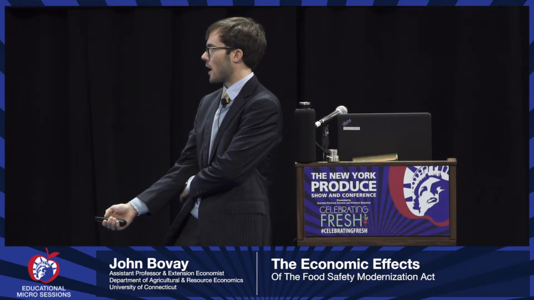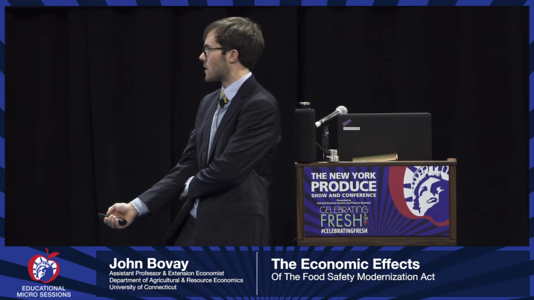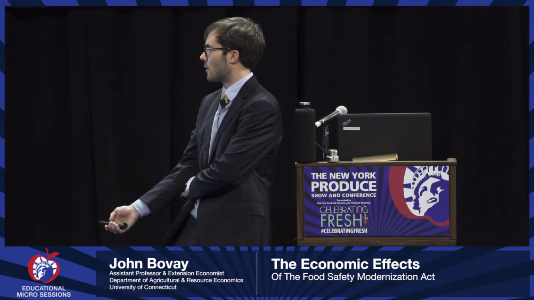And then Mexico and Canada are going to be big losers in scenario A, but they're going to come out about even in scenario C. Basically, the level of imports is going to be the same as in the non-FSMA scenario in scenario C. So U.S. growers lose a little bit of revenue and market share. That's just really exactly the same as in the non-FSMA scenario.